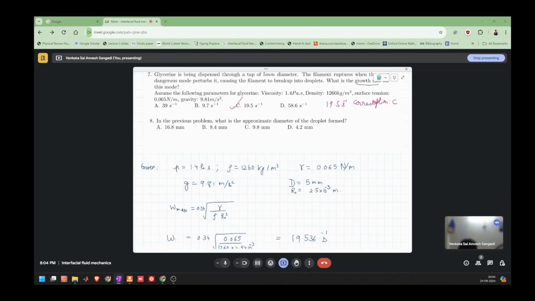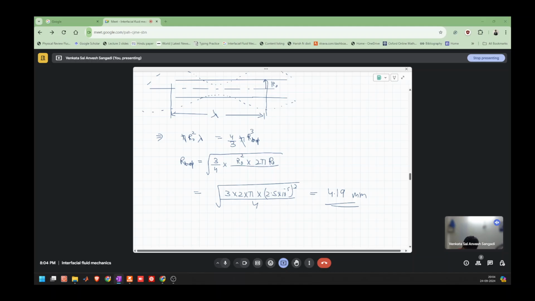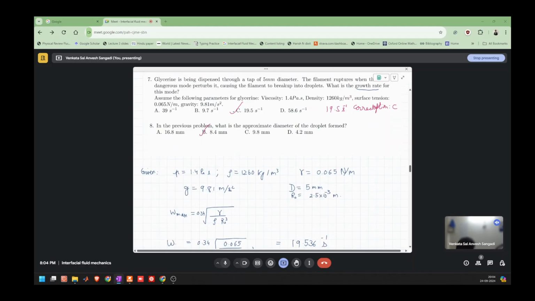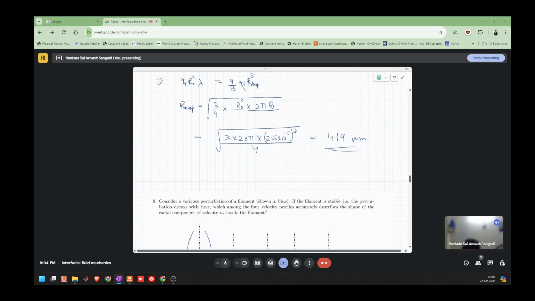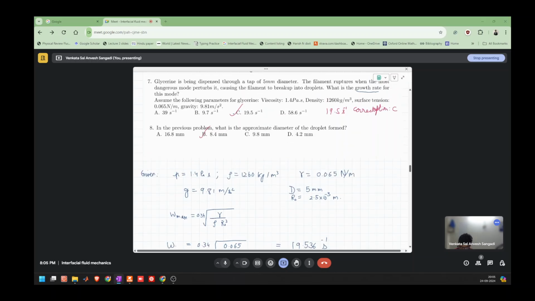Therefore the answer is B, as double of 4.19 is equal to 8.4. This is the radius, this is the drop diameter. So the correct option is B.